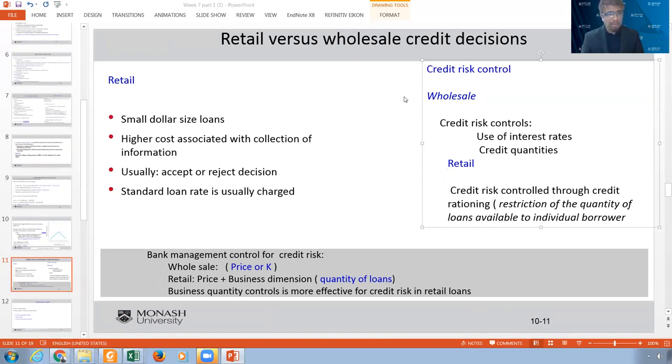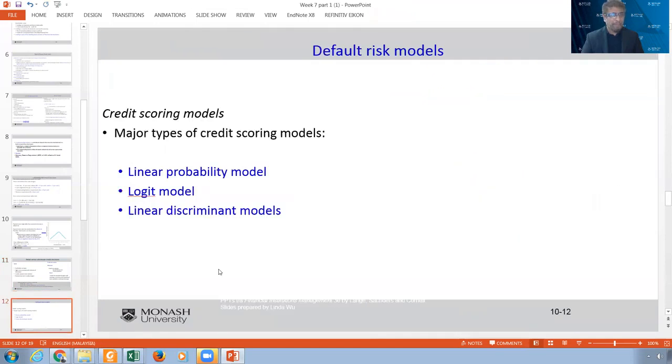And therefore, we use with them only the credit quantities. So we give a retailer a loan, and then we don't increase the quantity of loans. And this is a way to control credit risk with these two types. That's the whole thing in this slide. Now, let me come to the models.